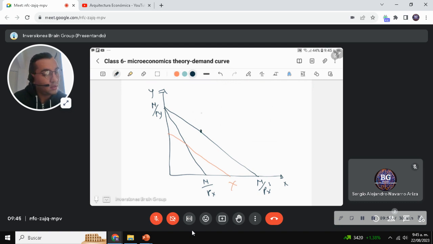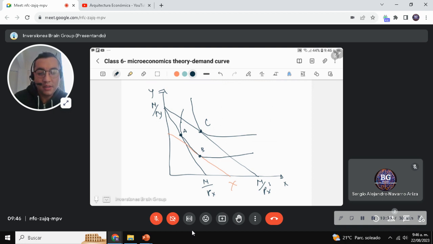This is the indifference curve, point B, point A, point C. Okay, in this graph.